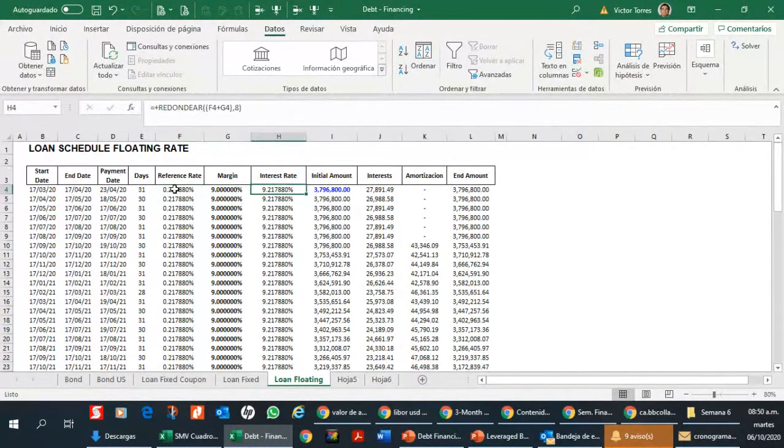And we're going to have here the sum of these, and this interest, sorry, it appears to be copying the wrong formula. It should be the interest rate divided by 360 times the number of days times the initial amount.